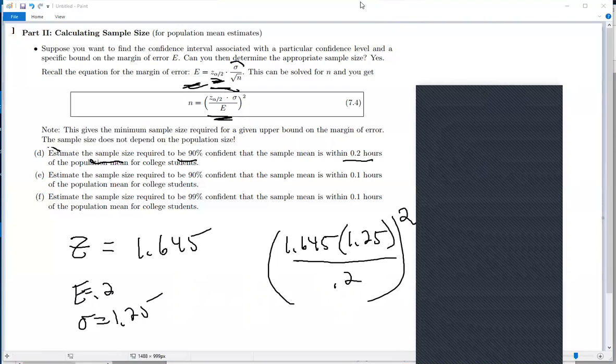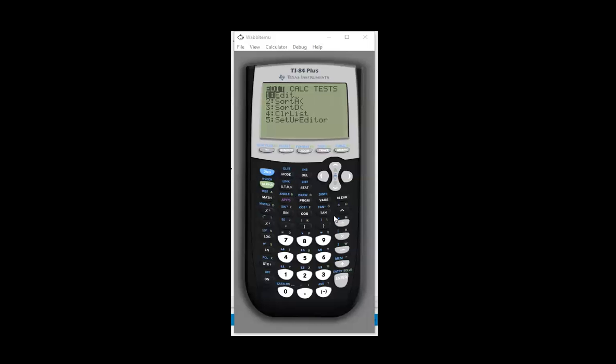Okay, so I'm going to try sharing my calculator now. Okay, so what I'm going to do is clear this all out. So I'm going to take 1.645 times 1.25.